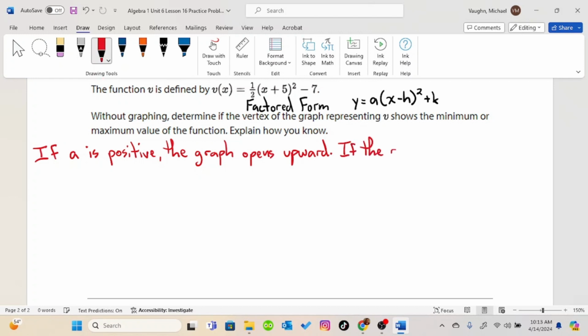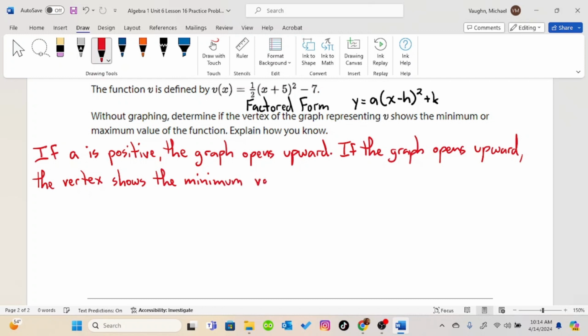If the graph opens upward, the vertex shows the minimum value of the function.